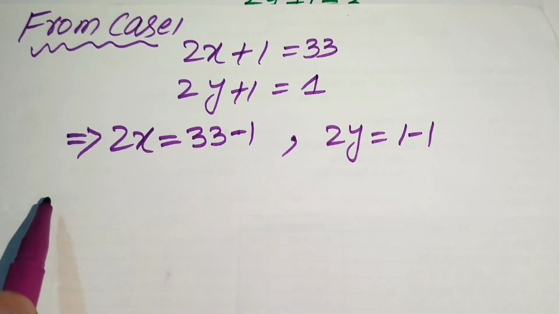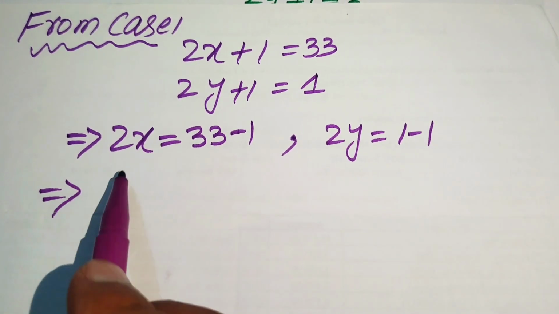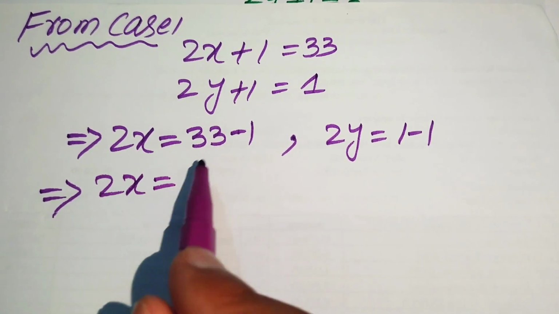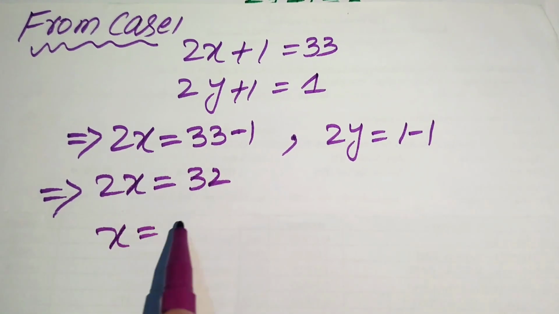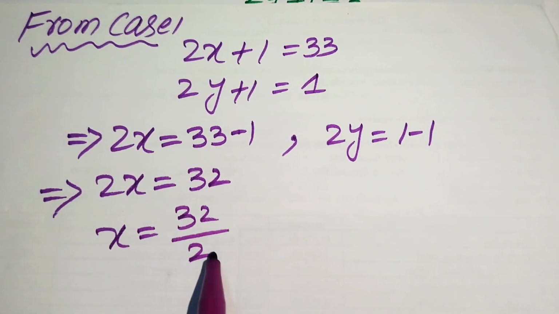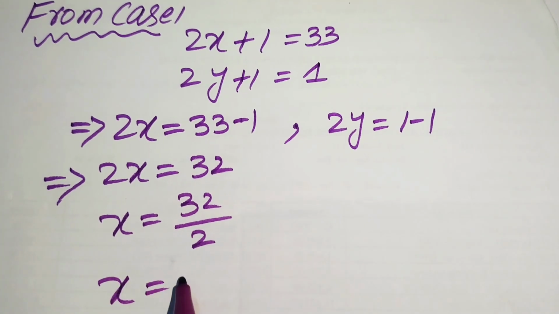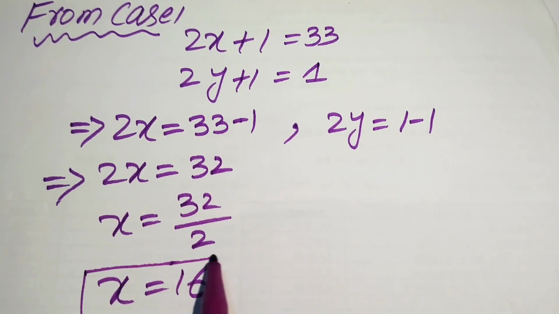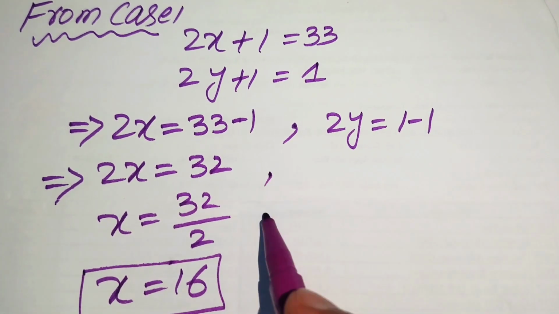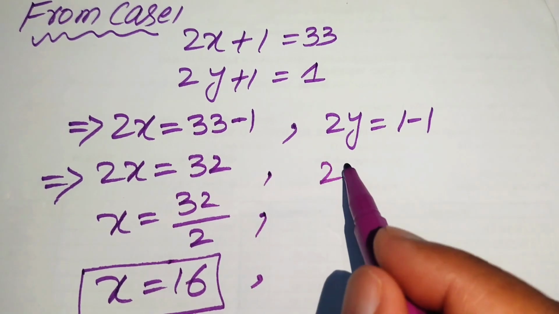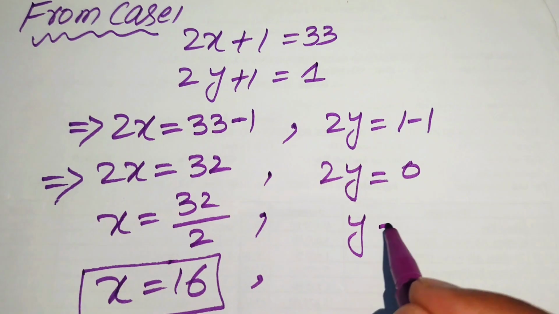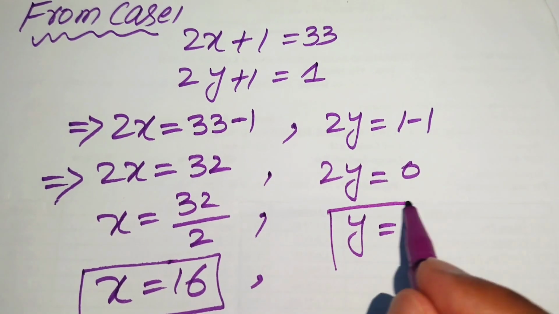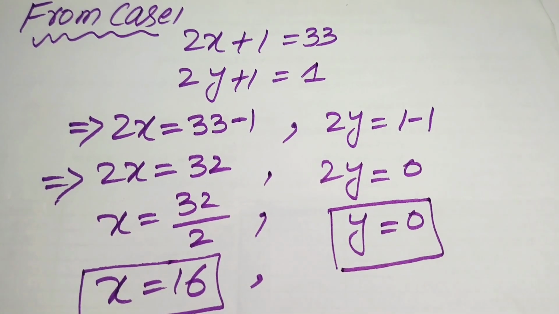So we get 2x equals 32, and we move this 2 to the right hand side and get x equals 32 over 2. So the first value is x equals 16. Similarly, we have 2y equals 0, and here you get the value of y equals 0.